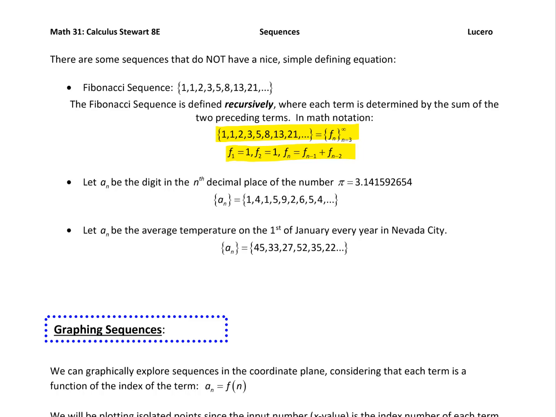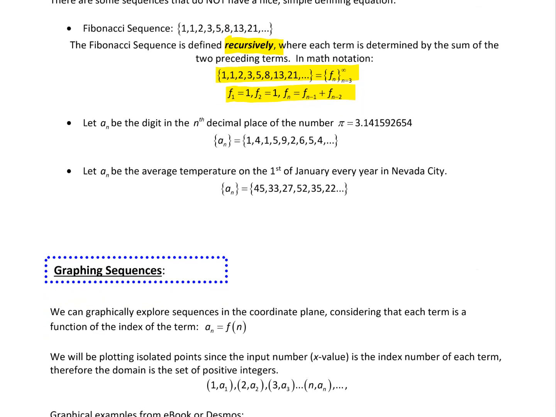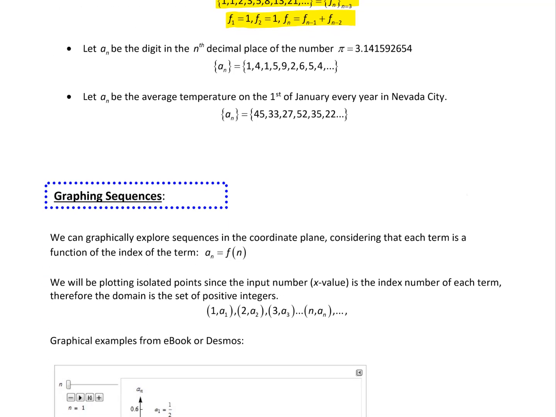When you're defined recursively, you have to start with the first couple terms. So f1 is 1, f2 is 1, and then the nth term is the sum of the previous 2. So f sub n minus 1 plus f sub n minus 2. So that's one way to do it. That's called a recursive definition of a sequence. And then another way we could define sequences is for something of this form.